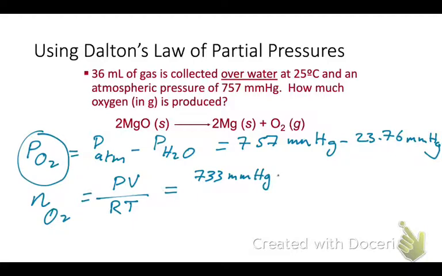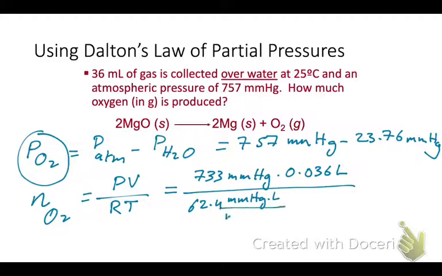And the volume here is 0.036 liter. It has to be in liter. R is 62.4 millimeter mercury times liter over mole Kelvin. And temperature here, you add, it's 298 Kelvin. That's going to give you the number of moles of oxygen.